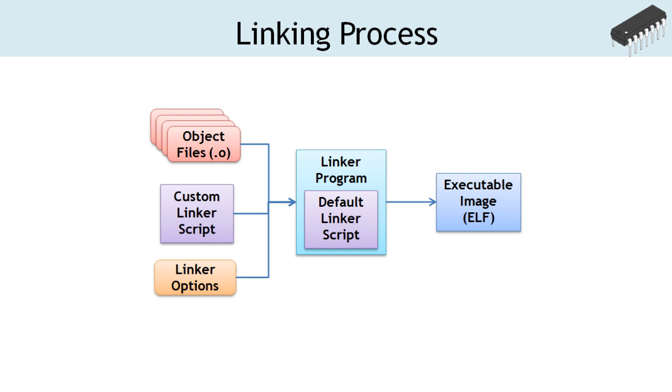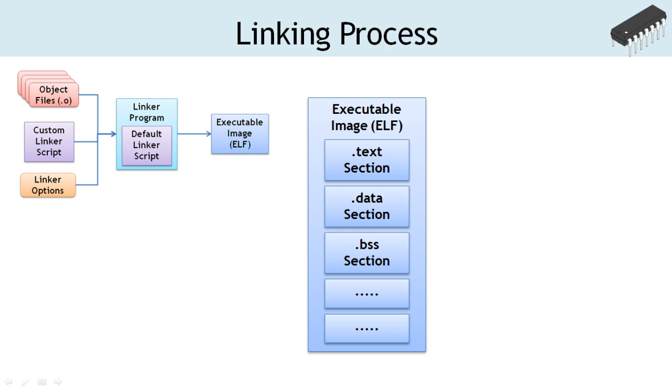It is carried out by the linker program. Apart from resolving the symbols, the linker assigns addresses to different sections of the compiled code. For our purpose, we are concerned with three sections. Those are .text, .data, and the .bss section.